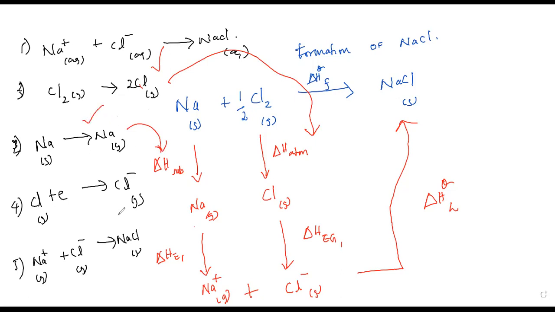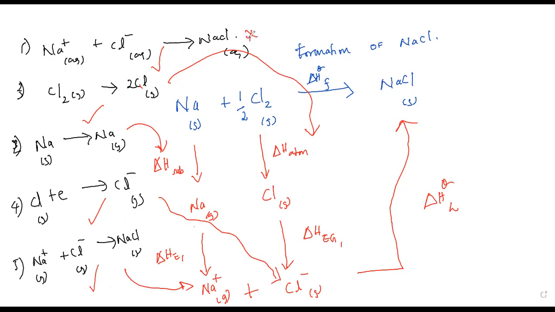This is also correct. And here chlorine gas becoming chloride ion, what is that? Yes, electron gain energy. That is also correct. Here, the gaseous state of the ions forming solid NaCl, that should be the lattice energy. That is also correct.